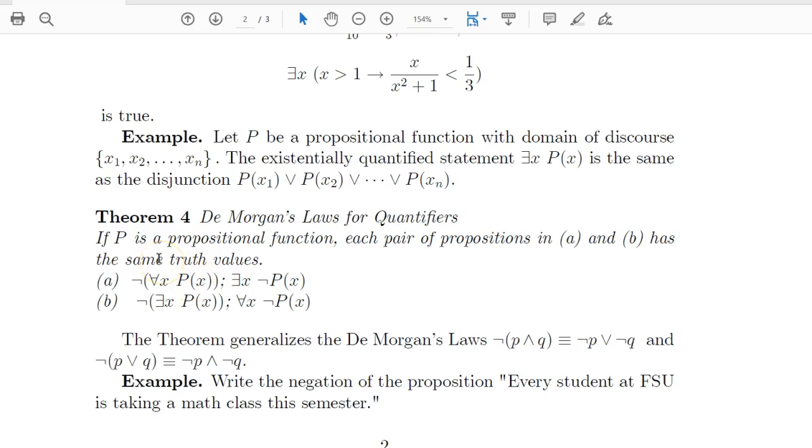Otherwise, it is not the case that for every x P of x is true, which means that for at least one x in the domain P of x will be false. That is, the negation of P of x is true for that x. So we see that there is at least one x such that not P of x is true.